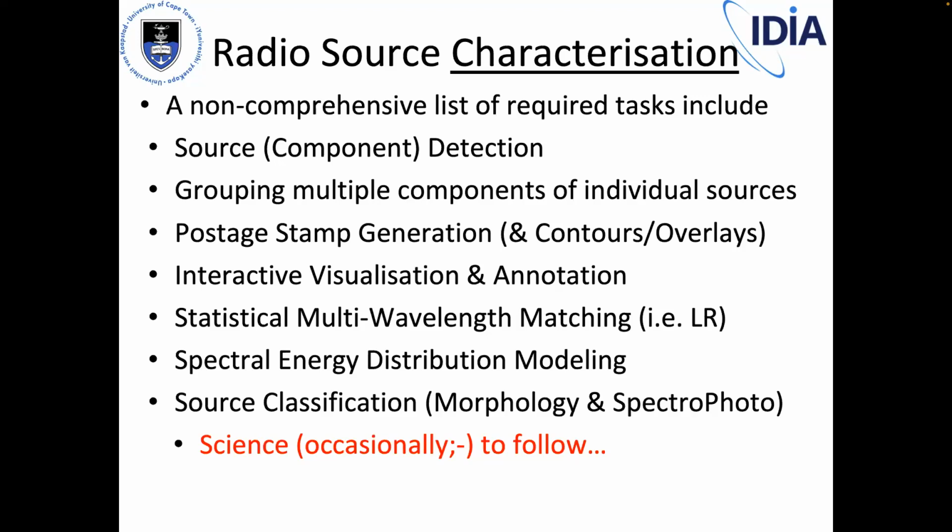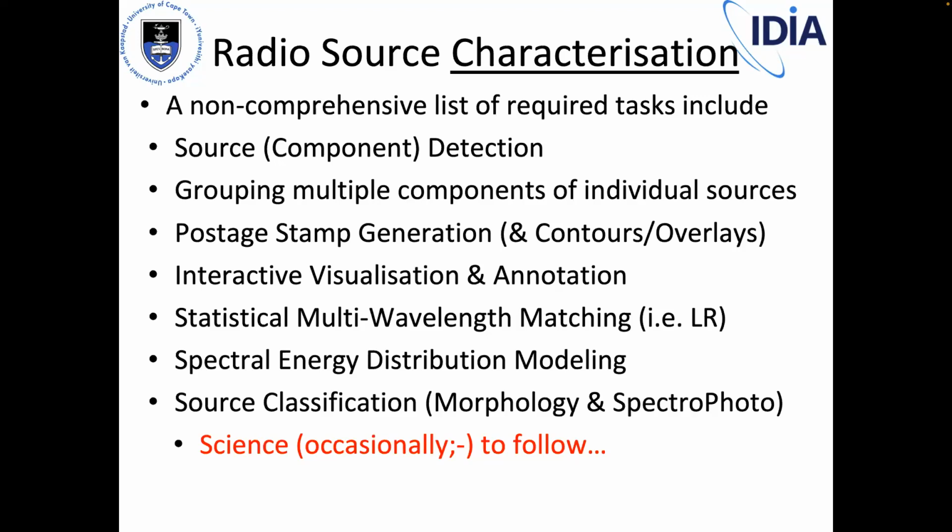And then, more and more tasks closer to the science. So you would like to be able to match catalogs produced in different wavelengths. You would like to be able to compare the flux in the infrared with the flux in the radio, for instance.